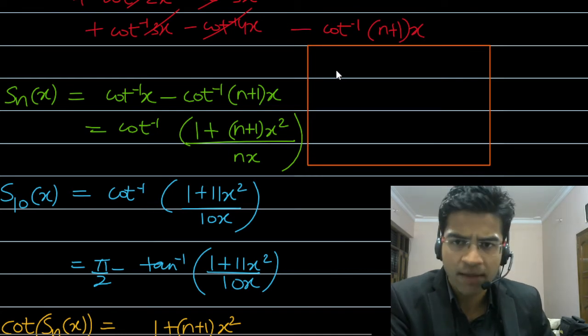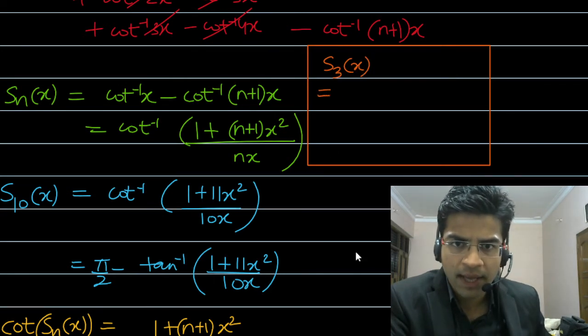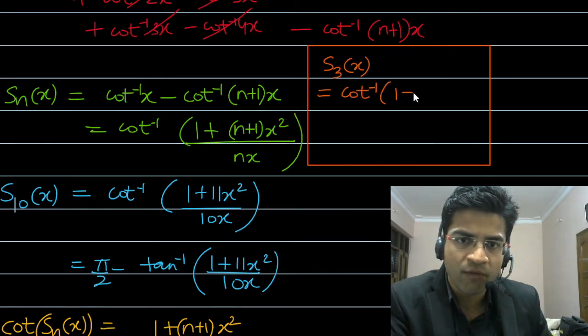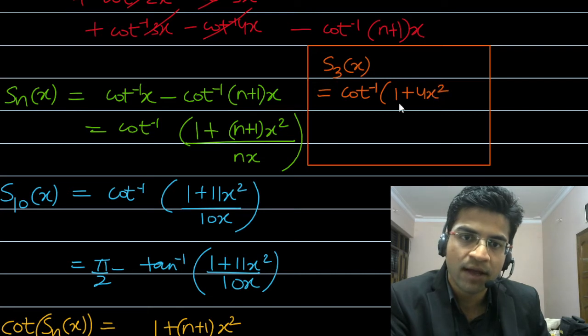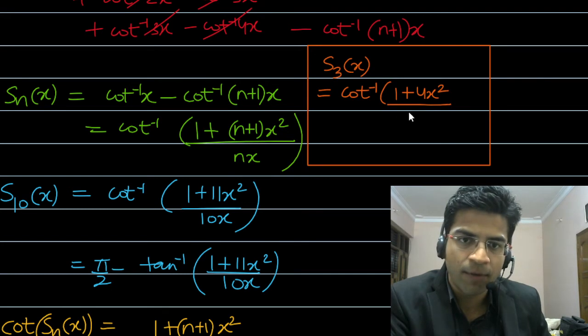It is not hidden, so I am writing it over here. S3(x) is equal to cot inverse of (1 + 4x²) upon 3x, since n + 1 will be 4 and n is 3, equated to pi by 4.